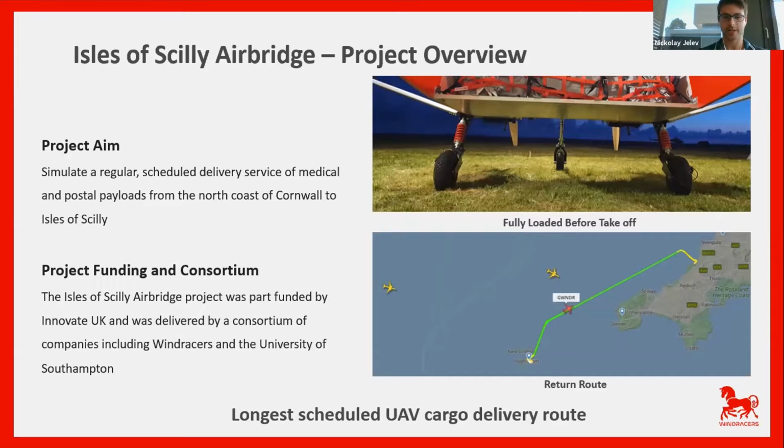So not when the weather's great, not when the aircraft decides to be reliable, not when there are other operators in the air, but realistically you take off at a point of time and you meet that schedule to the minute. And we really largely achieved that. In fact, it was an absolute success, and I'm glad that I'm here to talk about the lessons learned from the project.